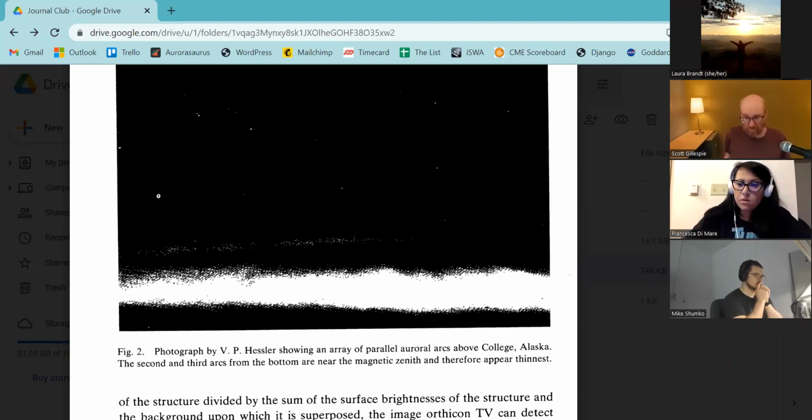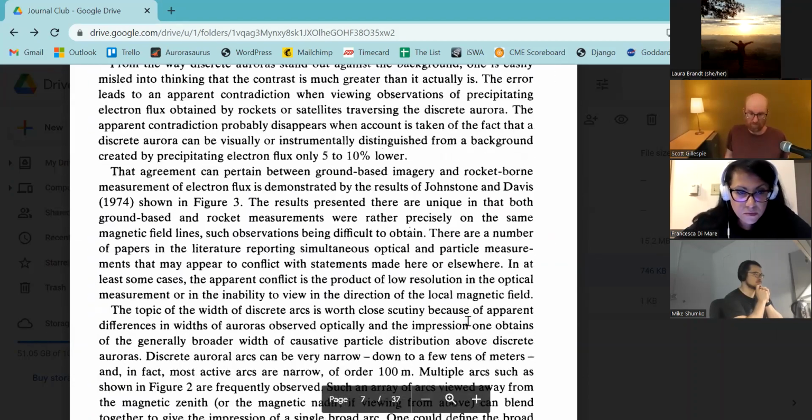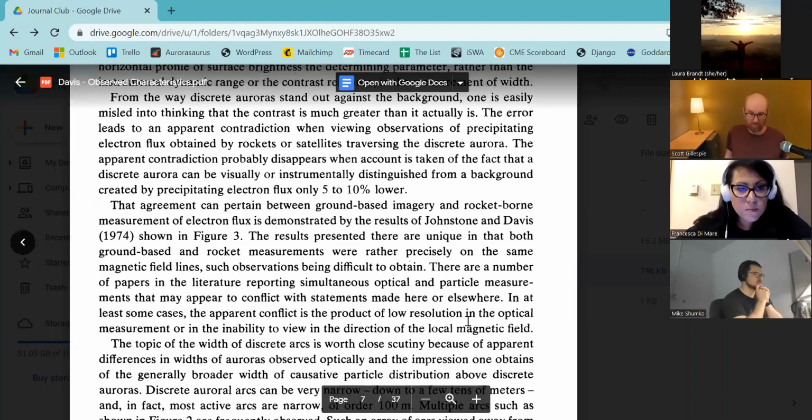They start to get technical: this is the center of the arc, here is where the peak luminosity is, and 2% of that luminosity. If you convert these into numbers for how bright this is, 2% of that is where they pick the edges of the arcs. So let's continue down. This is an extensive background on this.